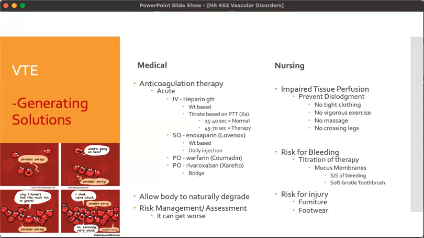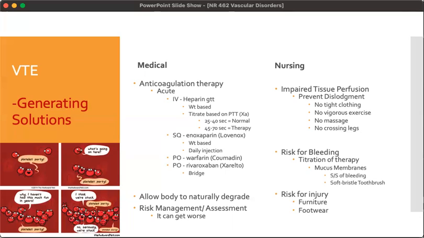Risk for bleeding. This is particularly because of the anticoagulation therapy that the physicians are going to be doing. We want to make sure we're titrating that therapy appropriately and not overdosing our patients, because if we overdose on the anticoagulants, our patients are going to bleed. The first place we want to look for bleeding is the wet parts of the body.